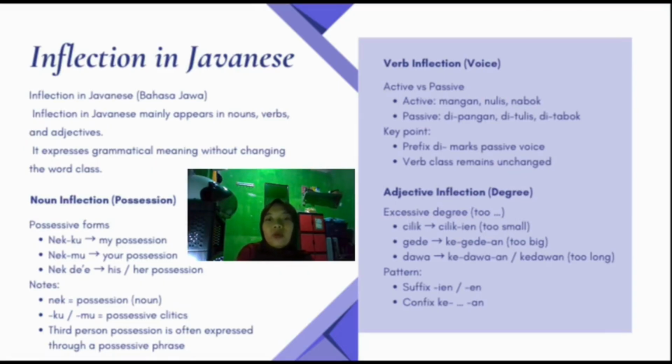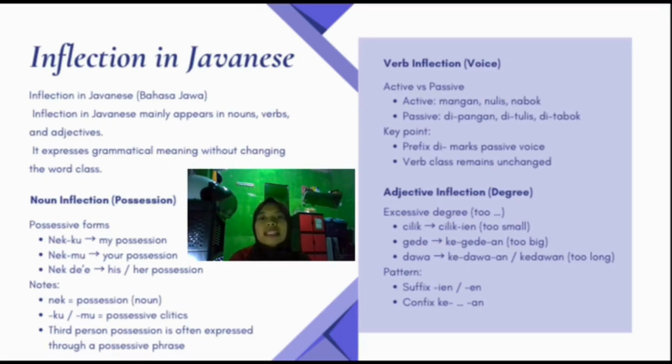This can be formed by using the suffixes -ien or -en, as in cili, ciliin, cilian, kecilian, meaning too small.